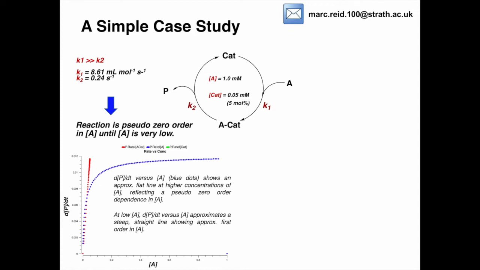Remember, the overall rate of a step is judged by the multiple of the concentration dependence and the rate constant. In other words, rate is equal to K times the concentration of species involved in the rate or turnover limiting step to the power that represents the order of that species in the reaction.